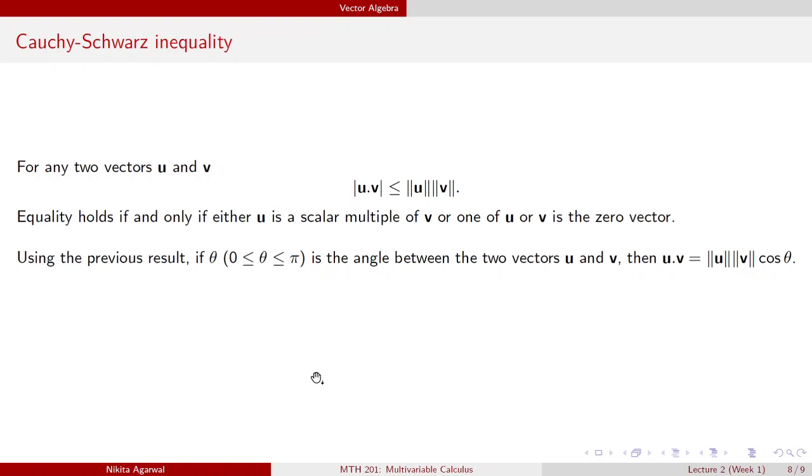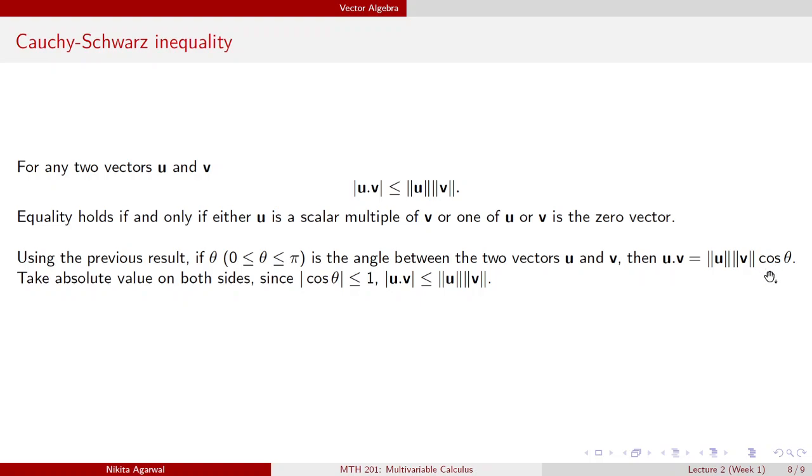So using the previous result, if theta is the angle between the two vectors u and v, then u dot v is norm u norm v cosine theta. Right? Now you take the absolute value on both sides here. You get mod of u dot v is equal to norm u norm v, which is already non-negative, so the modulus does not play any role, times mod of cos theta, right?